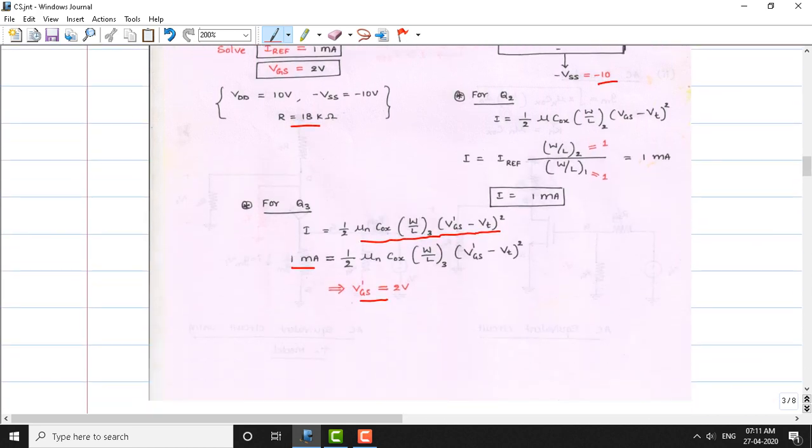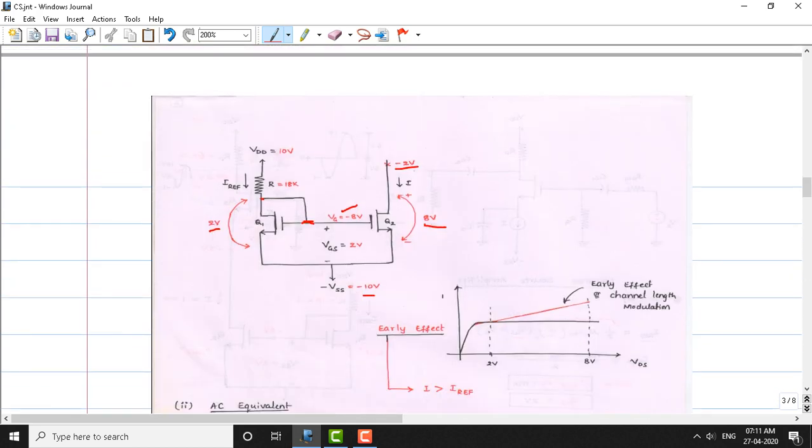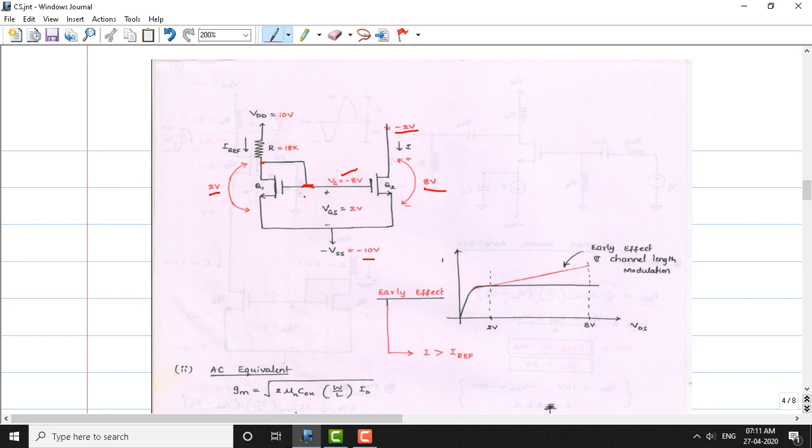Now let us see some drawbacks of this current mirror circuit. We have said that if you make these two transistors identical, the current flowing in this branch is a mirror of the current flowing here. But let us see the drawback of this. If we plot the VDS versus ID characteristics, the curves will be almost a straight line here.